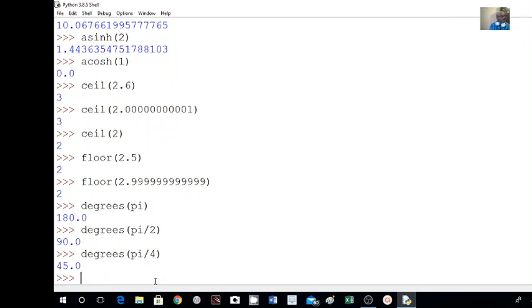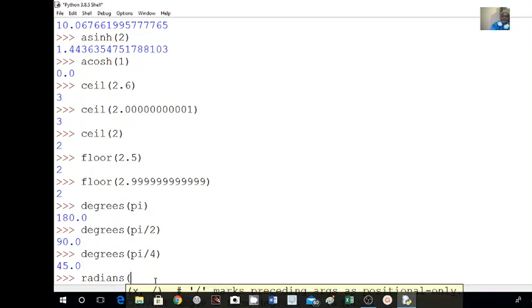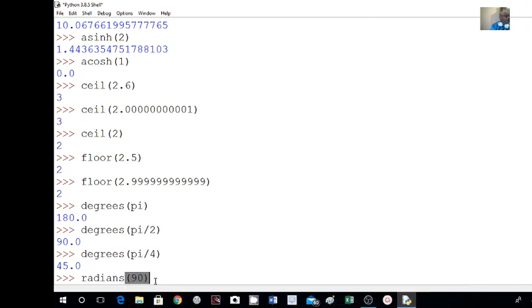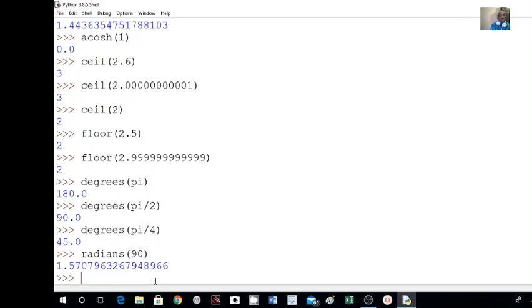And to go from degrees to radians, similarly I have to write radians. Say 90 degrees converted in terms of radians. So this is equal to 1.57. This is our pi by 2 value.